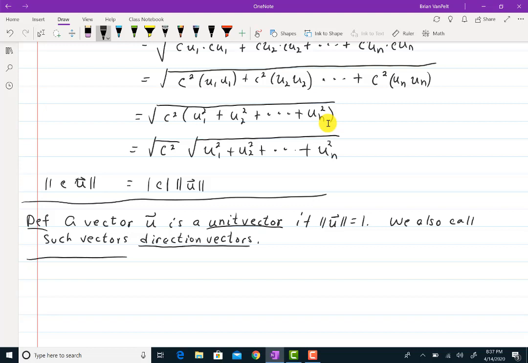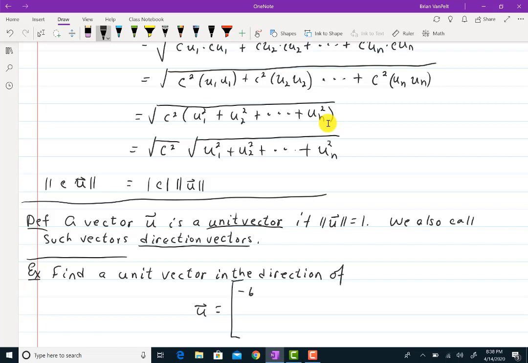So with that in mind, let me do an example to make this more understandable. Let's find a unit vector in the direction of the vector.